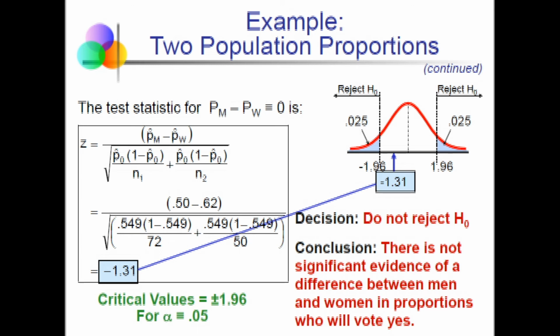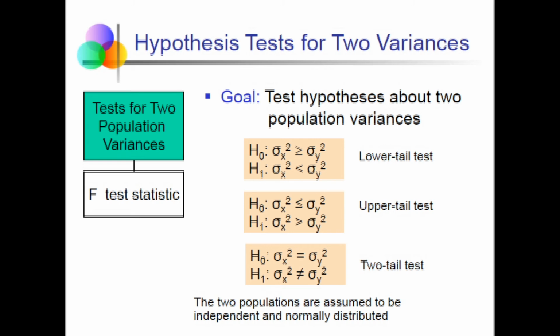After testing hypotheses for proportions, we now want to see how we can have a hypothesis test for true variance. Remember, sometimes we want to know if the unknown variances are equal or are not equal.